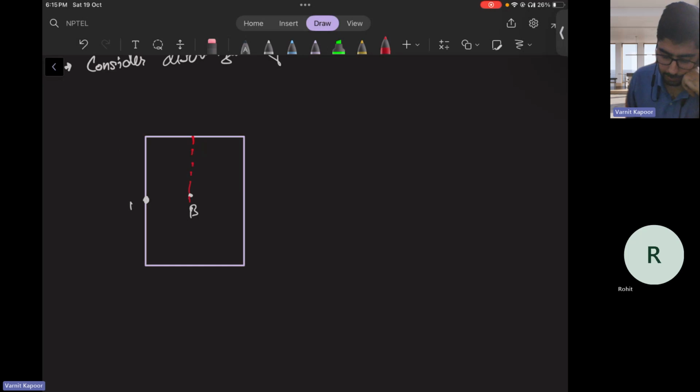We are taking this half cell, that is del x by 2, with the centroid assumed to be at 1.